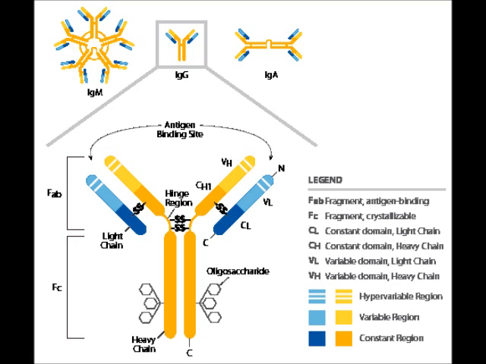The type of heavy chain present defines what type of antibody it is. So you have A, D, E, G, and M antibodies: alpha, delta, epsilon, gamma, and mu. Distinct heavy chains differ in size and composition. Alpha and gamma contain about 450 amino acids, whereas mu and epsilon have about 550.